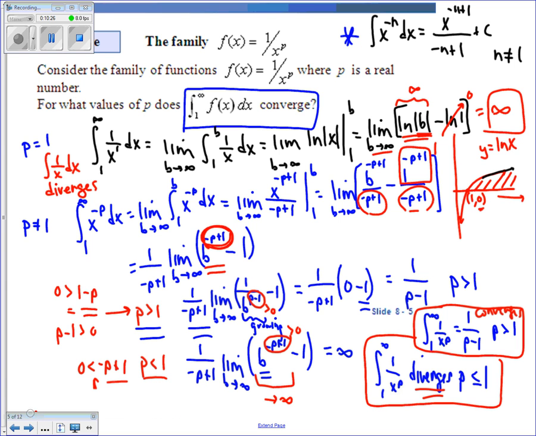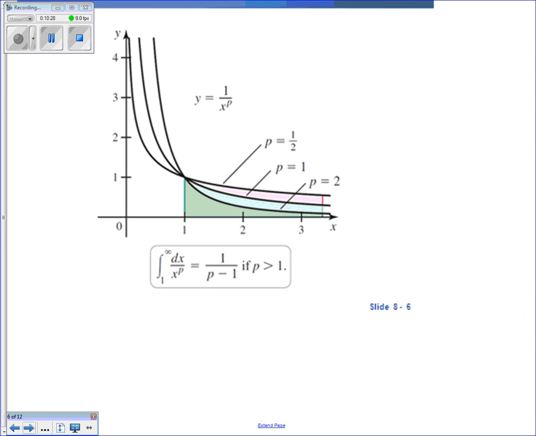Okay, let me show you these graphs. This is looking at the different values of the p here. I'm looking at p equal to 1 right here. It's the one right in the middle. If the p is equal to 1, that's the function 1 over x to the 1 power. That one we got diverged, which meant if you tried to get that area under the function from here all the way out, that function's not tapering off enough, so that area is continuing to grow as x gets larger and larger.